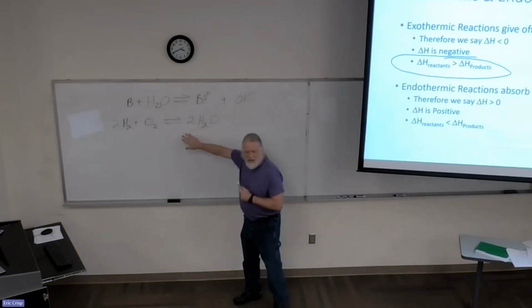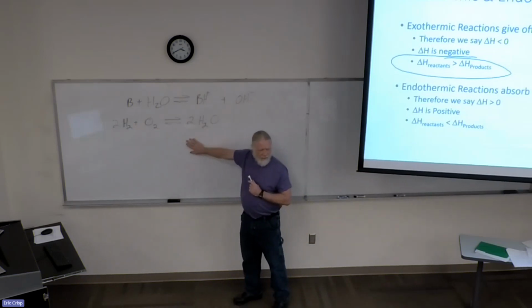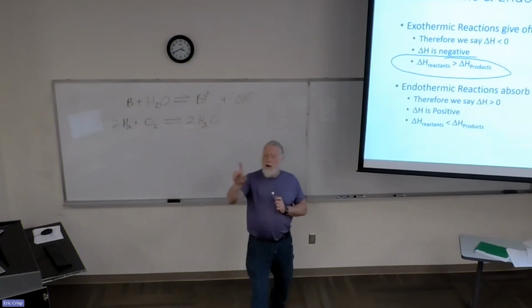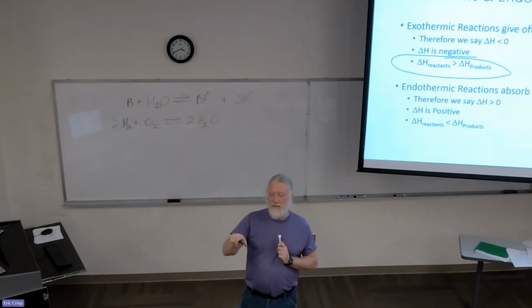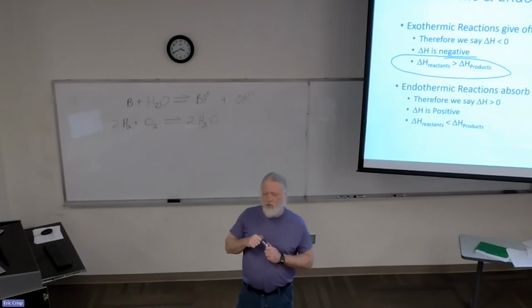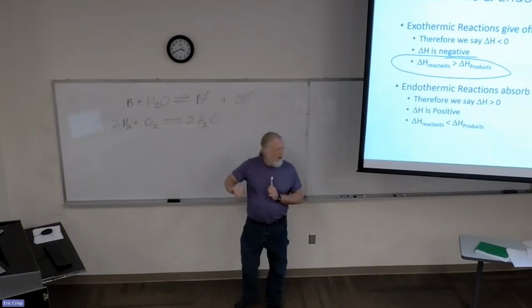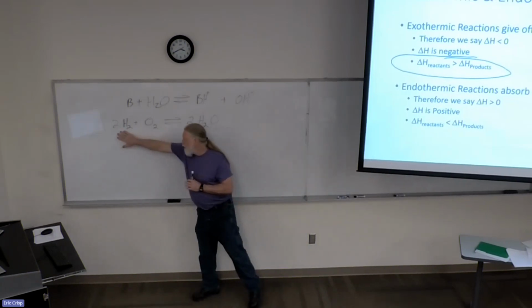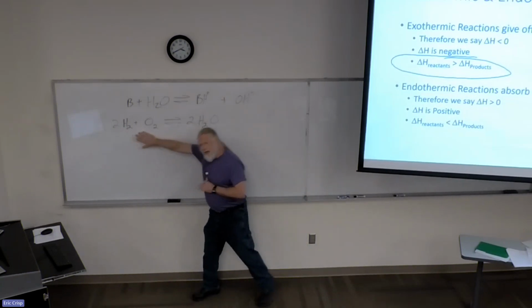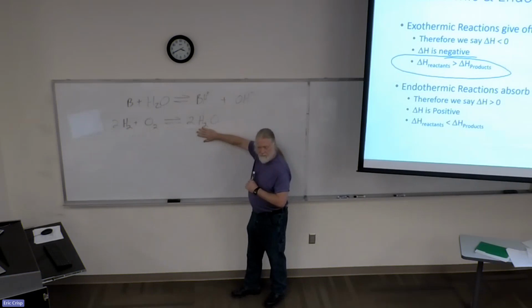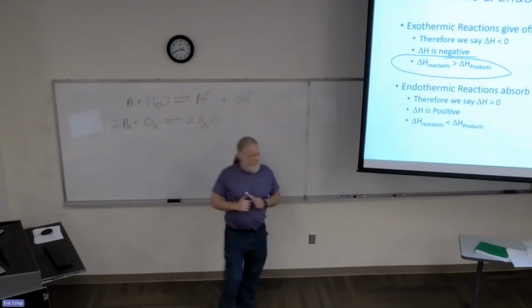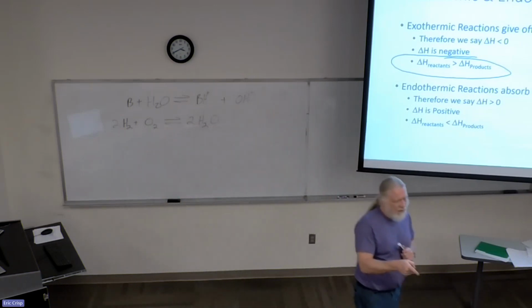If this is an exothermic process, it releases energy, right? That's what we're saying, exothermic, it releases energy. Well then, if I'm doing products minus reactants, which one had more energy? If this side over here is releasing energy as it happens, then which side are we going to say had more energy, the products or the reactants? Reactants did.